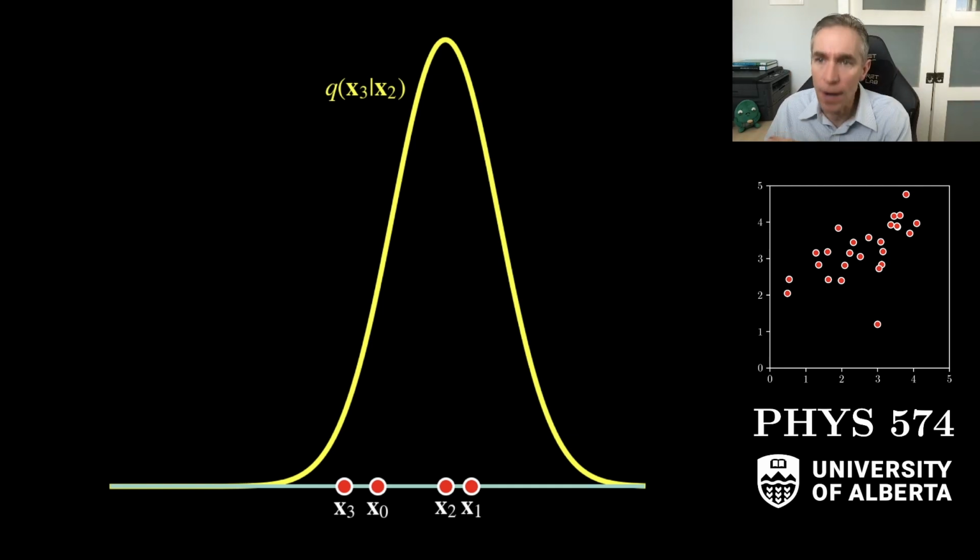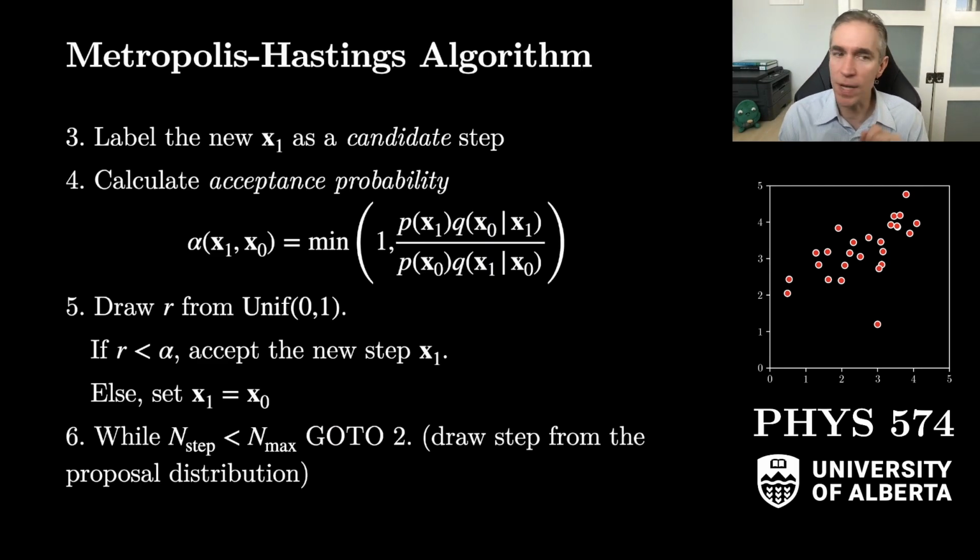Okay. Going back to the Metropolis-Hastings algorithm, we're going to start at x0. We're going to figure out what an x1 is. And then what we do is we label x1 as a candidate. We don't necessarily take the step. Instead, we calculate the probability of taking that step. It's called the acceptance probability, which is alpha in my labeling here.